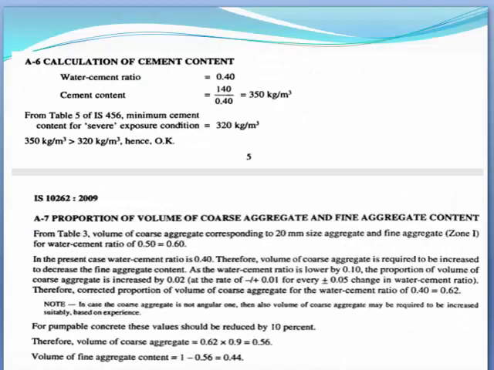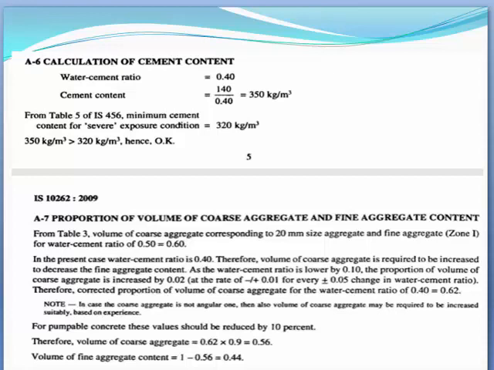A6, calculation of cement content. The next step is the calculation of the cement content. And you can see how this cement content has been calculated. Earlier also in the previous problem, in the previous design, I have explained this to you. The water cement ratio which we have adopted is 0.40, and water by cement, it is equal to 0.40.